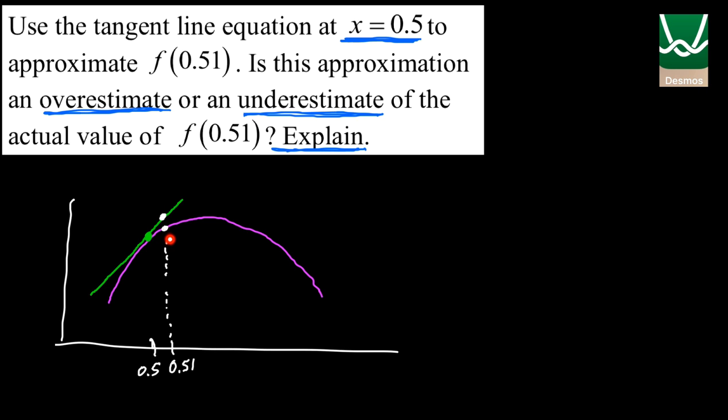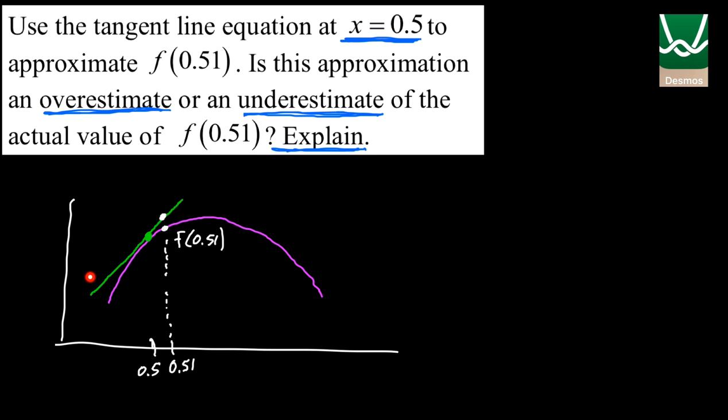This point right here is the actual value. That is f of 0.51. The point that's up here is the approximation.